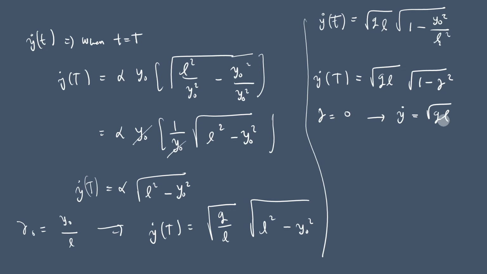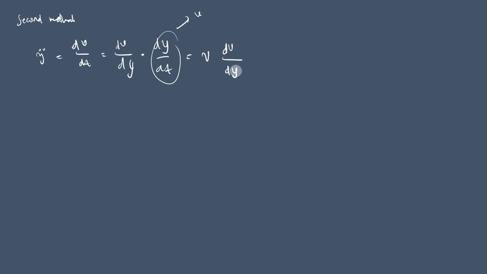Okay, let's move to the second method. We can write the acceleration y double dot as dv dt, and with the chain rule we can write dv dt equals v dv dy, and then separate variables and integrate to obtain the velocity and the position.